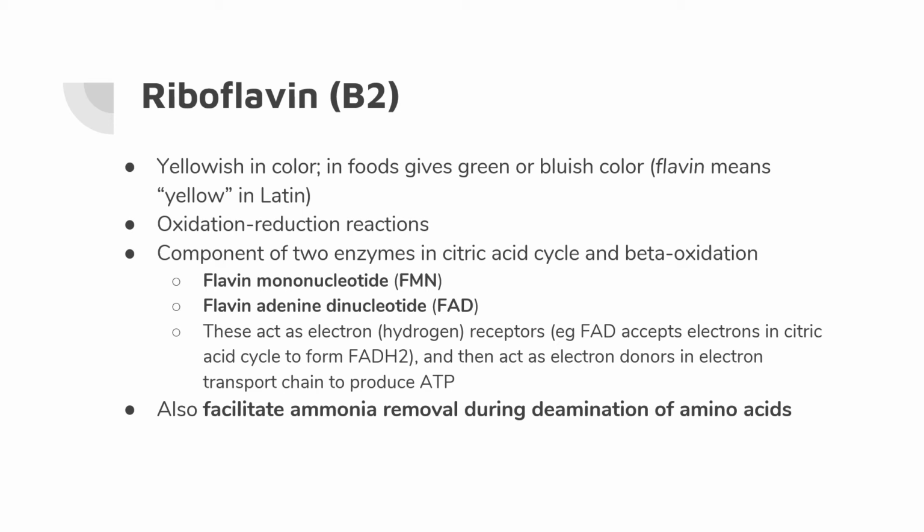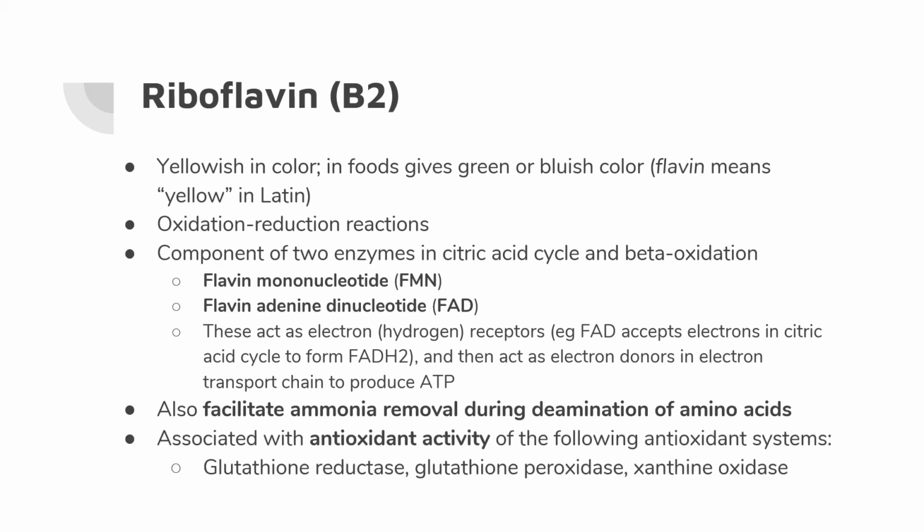And so if we convert them to either fatty acid or glucose, we're going to need to get rid of the amino group. That's what the deamination of amino acids is, removing that amino group. And you might recall that we have to process that to ammonia and then to urea, which are all toxic to us, but successively less toxic. And then we excrete the urea in our urine.